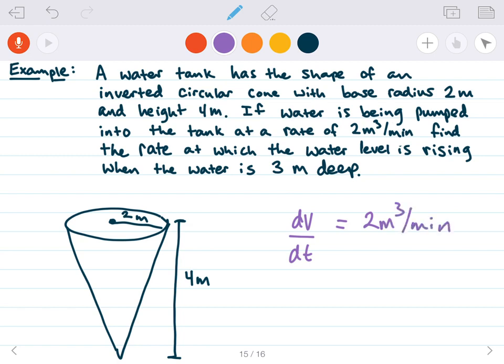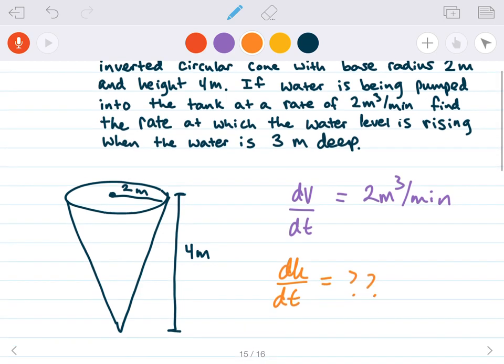Find the rate at which the water level is rising. So that is going to be the change in height with respect to time. So we're looking for dH dt when the water is 3 meters deep, when height is equal to 3 meters. Okay, so that's what we want to know. This is what we're given.